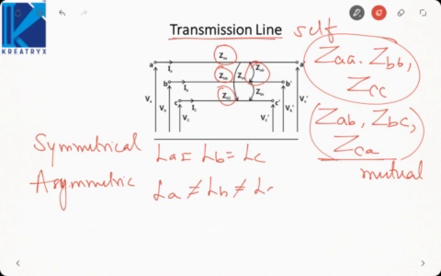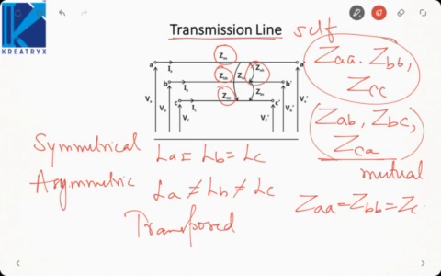We made the lines as transposed. So if lines were transposed, then I can say that ZAA equal to ZBB equal to ZCC, which will be equal to ZS. Similarly, ZAB is equal to ZBC is equal to ZCA, which is equal to Zm. Okay, so we will give them single values in case of a transposed transmission line.